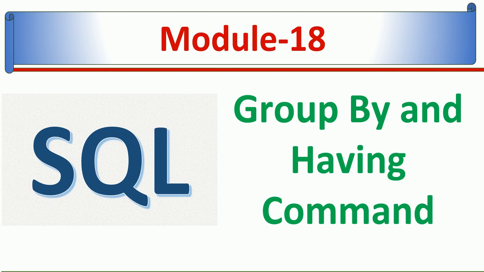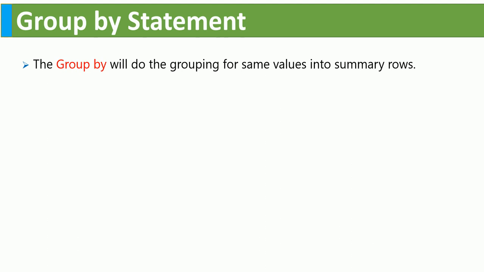Today we are going to learn about the GROUP BY and HAVING commands in SQL Server 2022. So let's get started. Now here is the GROUP BY statement. What is GROUP BY? GROUP BY will group the same values into summary rows. Suppose you have a table with a column that has multiple entries with the same name.